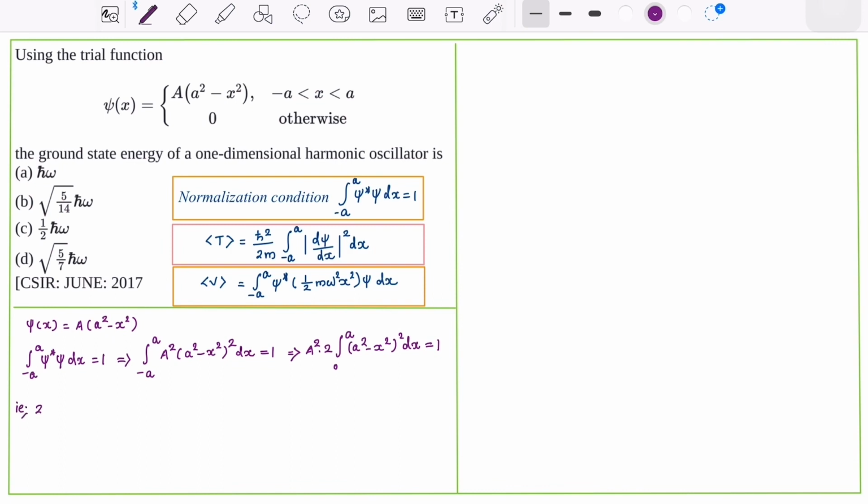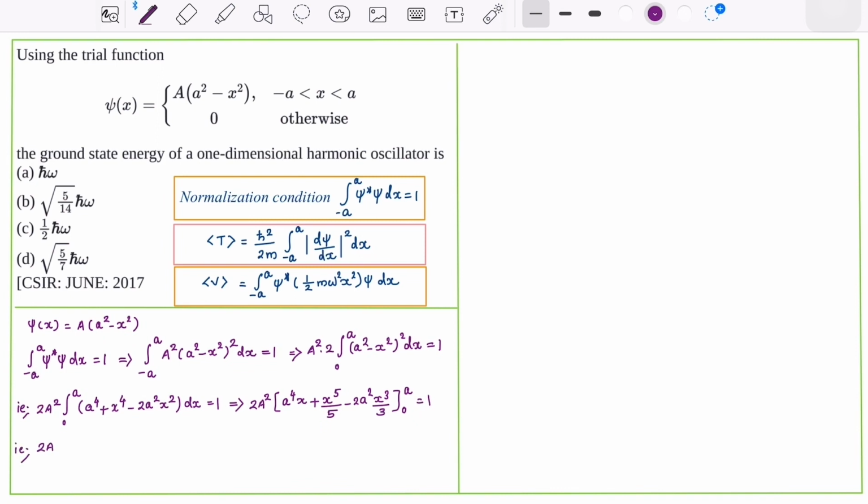That is 2A² times the integral from 0 to a. Let us expand the terms: a⁴ + x⁴ − 2a²x² dx equals 1. This implies 2A² times, after integration, a⁴x + x⁵/5 − 2a²x³/3 within the limits from 0 to a, equals 1.